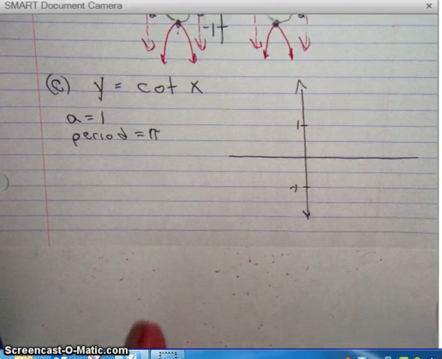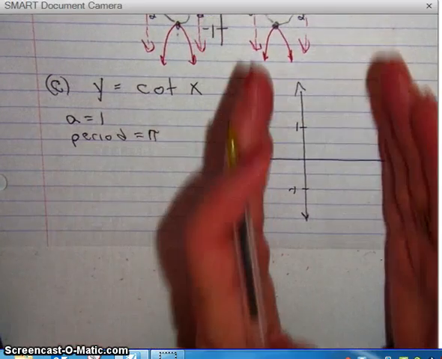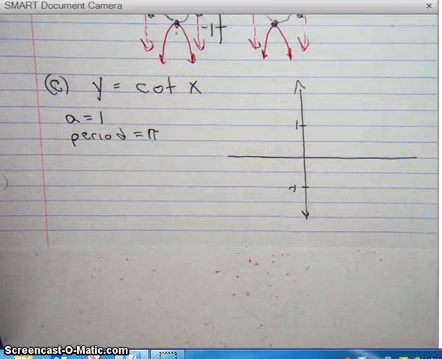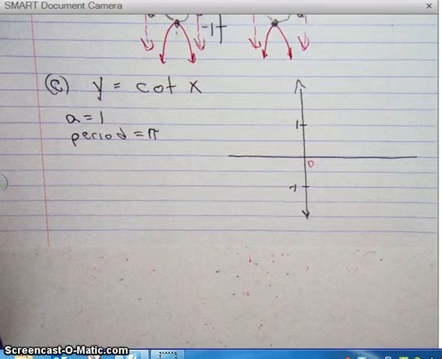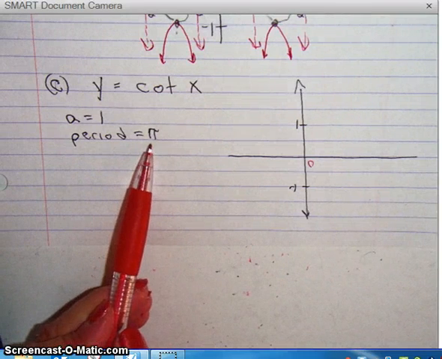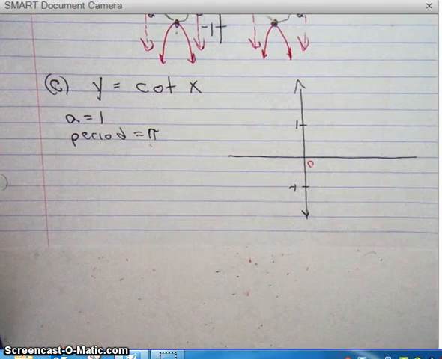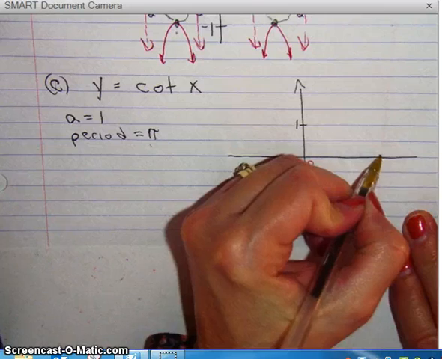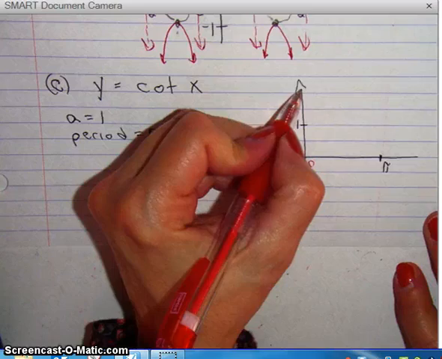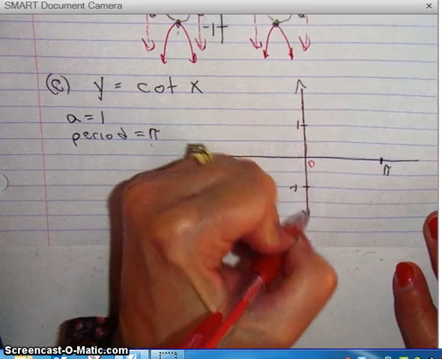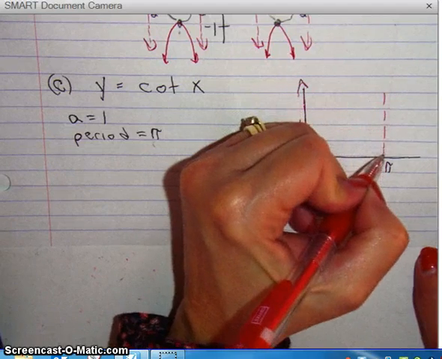Instead of the asymptotes being centered around 0, 0, for cotangent, one of the asymptotes is at 0. The other asymptote is over the period, okay? And the period is pi. So we have an asymptote at x equals 0. And we have an asymptote at x equals pi.